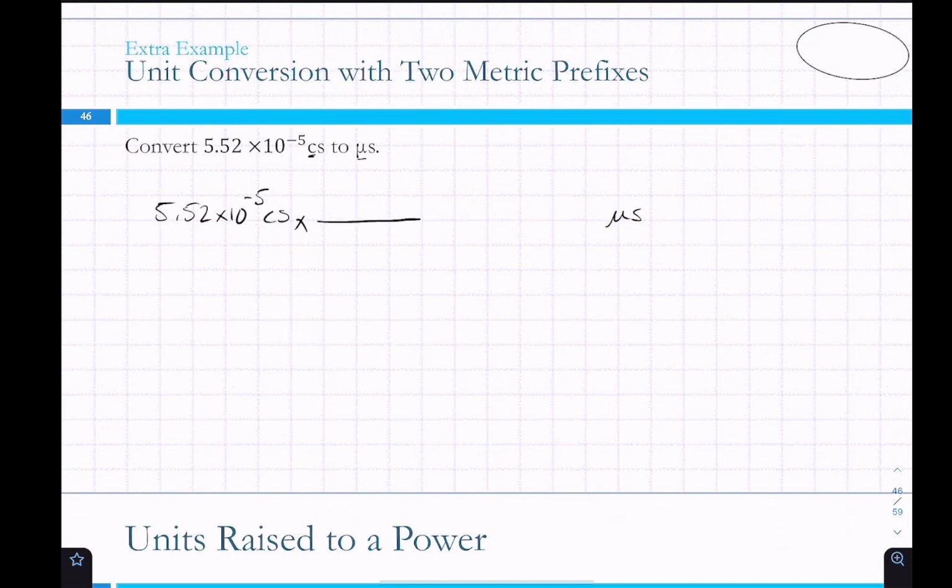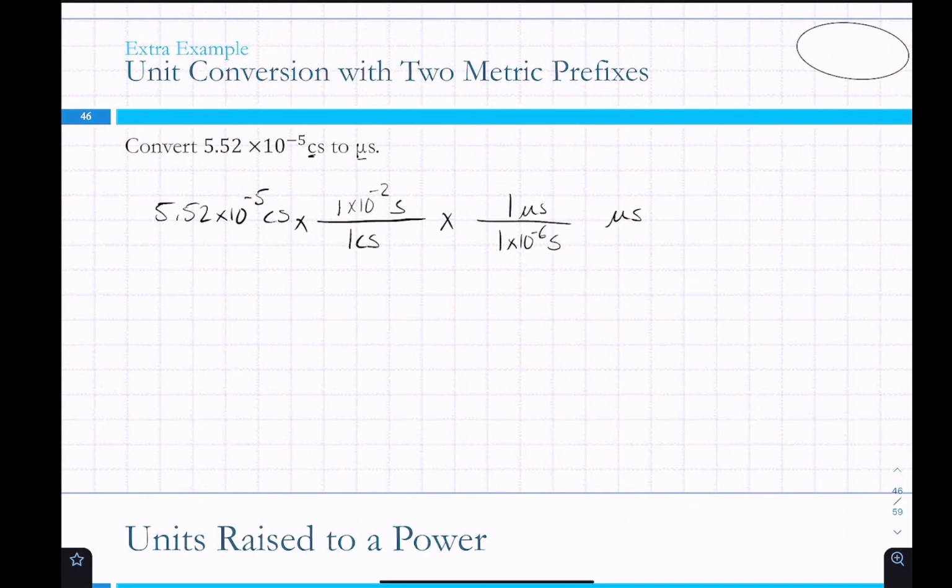So if I can convert centiseconds into seconds, so 1 centisecond, and centi means 1/100th. So 1 times 10 to the negative 2 seconds. And then we're going to convert our centiseconds into microseconds. So microseconds is 1 times 10 to the negative 6 seconds. So 1 microsecond is 1 times 10 to the negative 6 seconds.